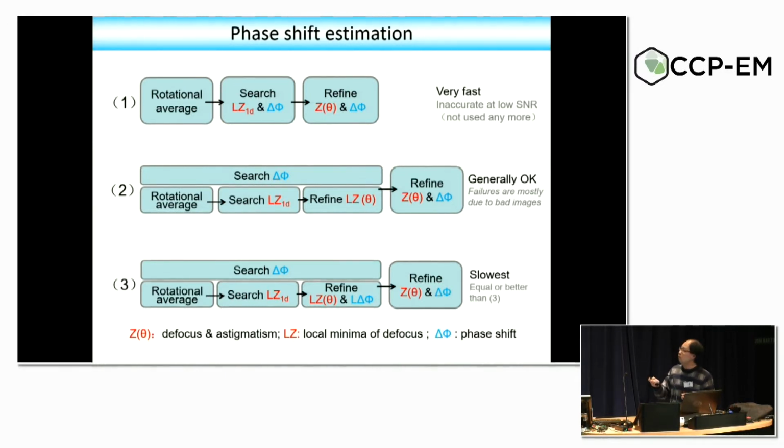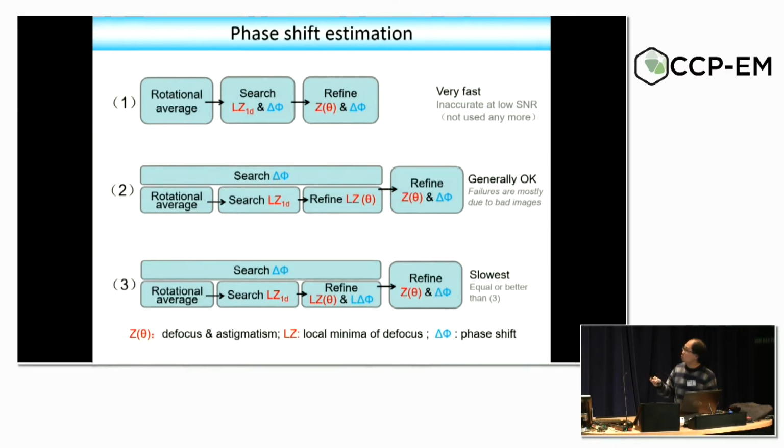But initially, I found that this approach actually doesn't work well in many cases. And then I improved the approach slightly by searching the phase shift, and at the same time, searching the defocus in 1D, refining it in 2D, and then refining all the parameters again.